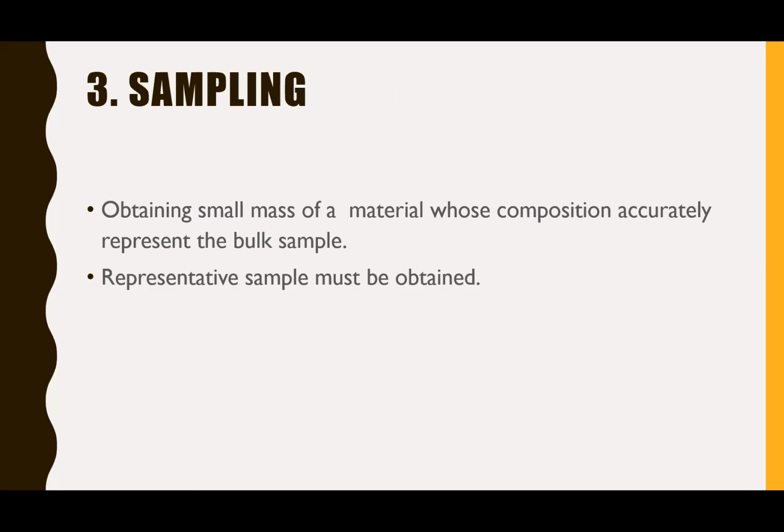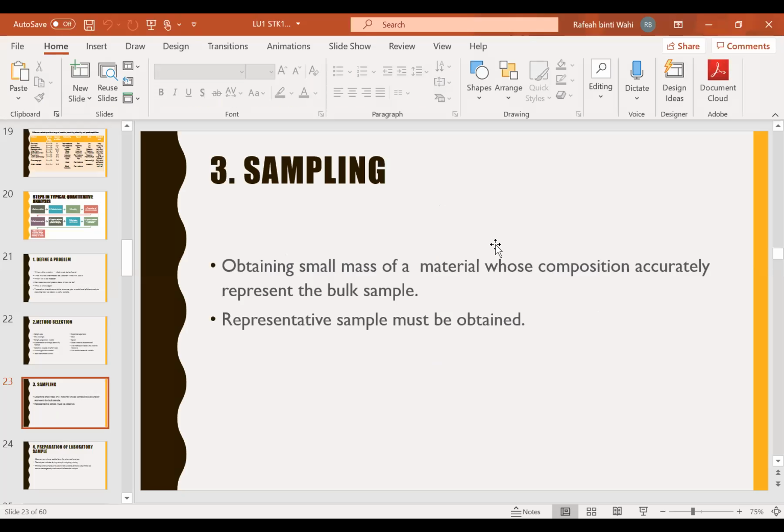Then after you select your method, you do sampling of your material for analysis. Why do you think we need to do sampling only after we select our method? Why do you think so? Anyone have an idea?